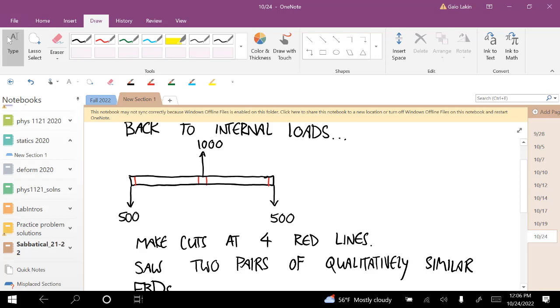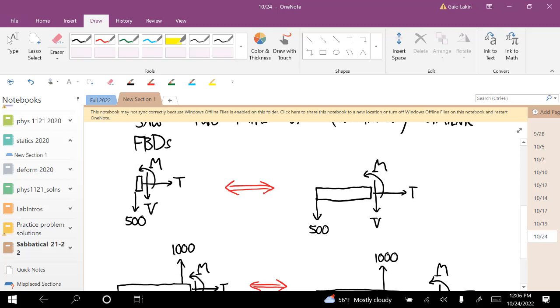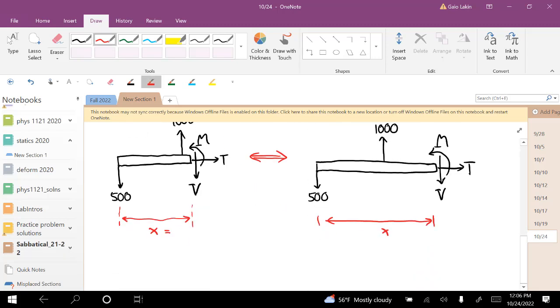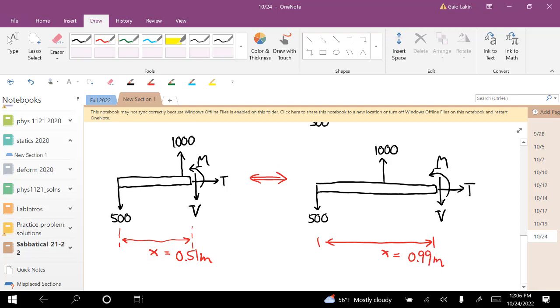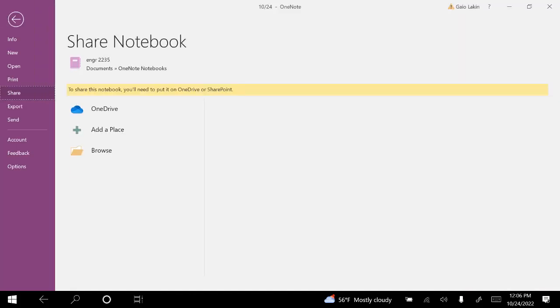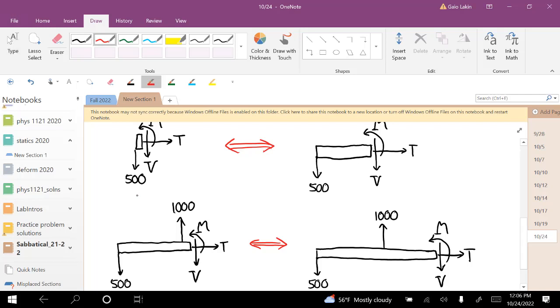Yeah. So in this case, x is 0.51 meters. In this case, x is 0.99 meters. In this case, x is 0.01 meters. In this case, it's 0.49 meters.